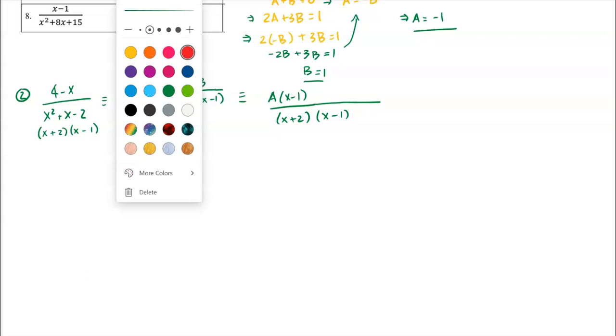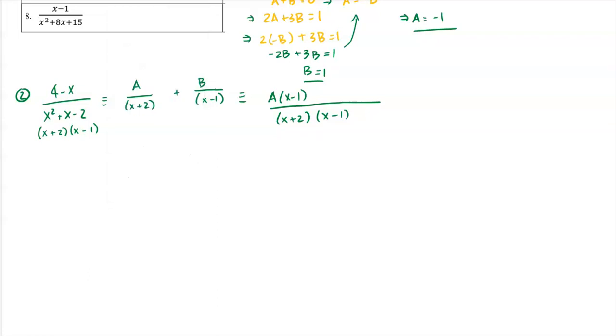So it needs to include that x minus 1, so I multiply top and bottom by x minus 1, and that's where I get A times (x minus 1). Same here: x plus 2 times B, so plus B times (x plus 2).